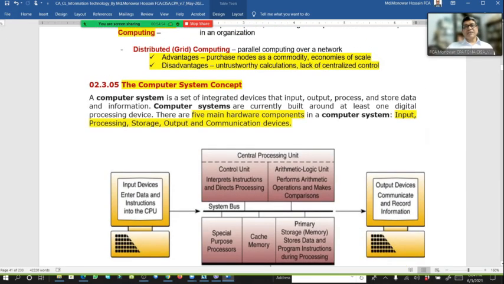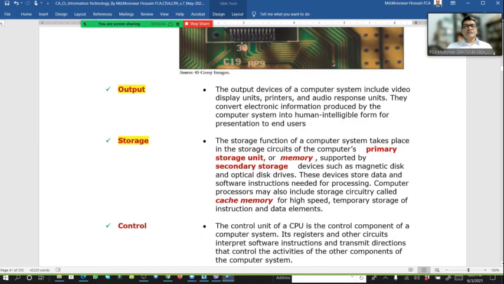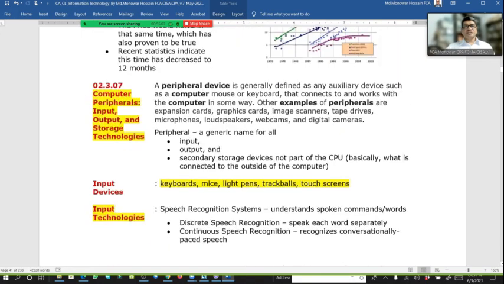There are 5 main components of a computer system: input, processing, storage, output, and communication devices. And we described it here, but shortly.